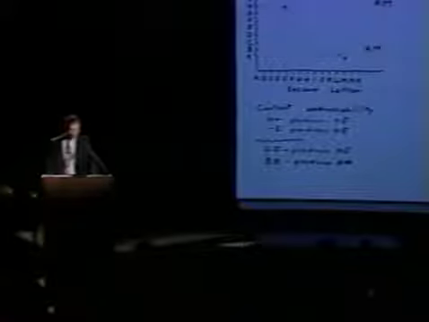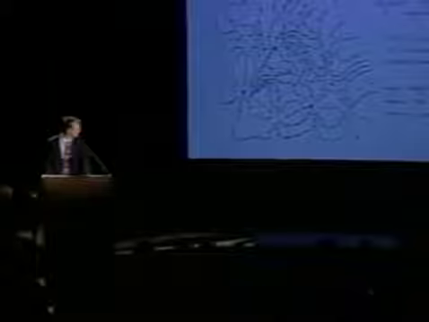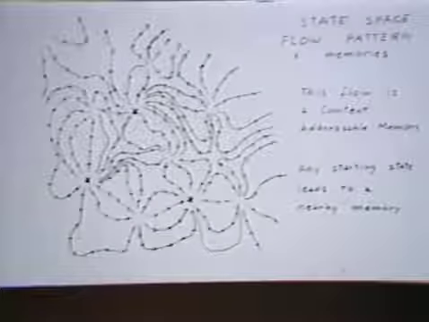If you continue this on, you find that in an abstract fashion, the essence of content addressable memory is a system which has some dynamics, a system which, as far as its change in state space with time, could be described as having a flow. And if you think of the memories as the points where the x's are in this state space, those are stable points of the flow.